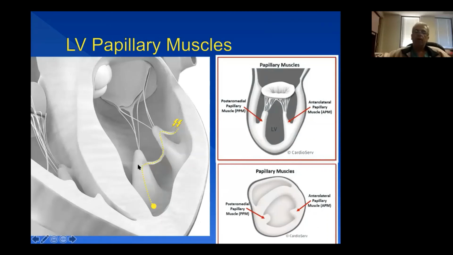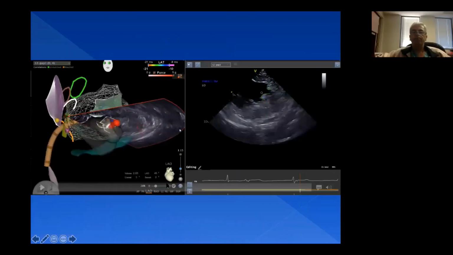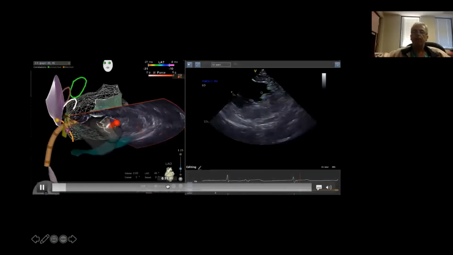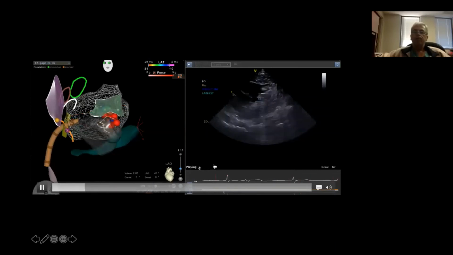Connections between the two papillary muscles have been noted, and that can create different morphology PVCs. It's really hard to ablate those PVCs because of how deep those spots are within the papillary muscles, and how unstable the catheter is as it touches those papillary muscles in a beating heart.